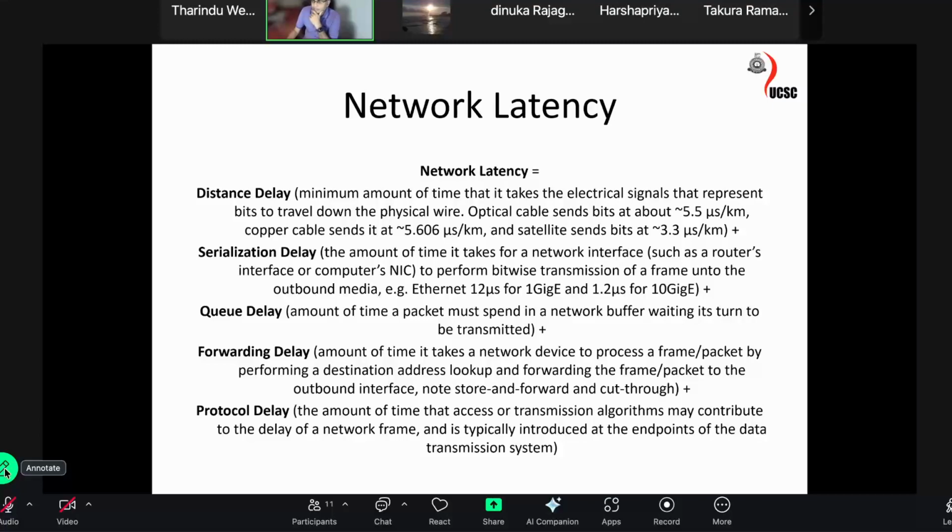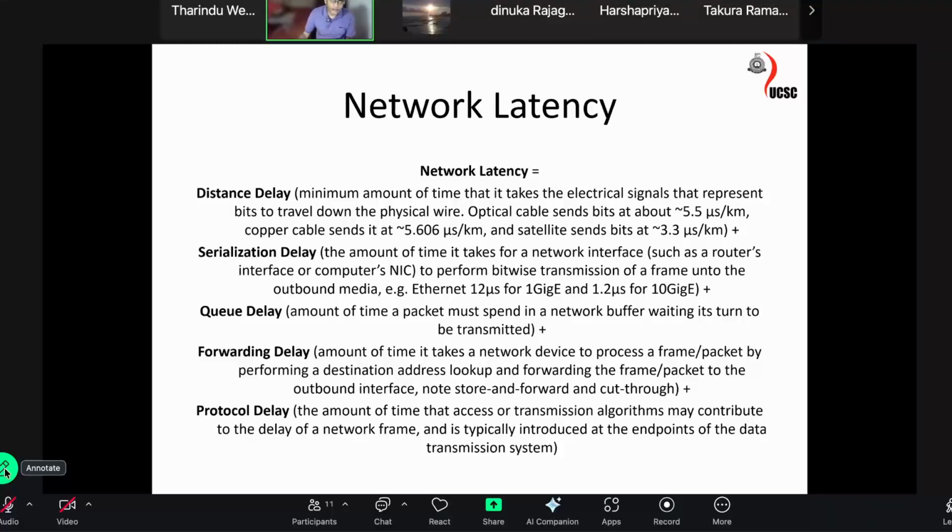Bit transfer using optical cable takes 5.5 microseconds per kilometer. Which means as the number of kilometers increases, which means your distance between source and destination increases, then your latency will be higher.